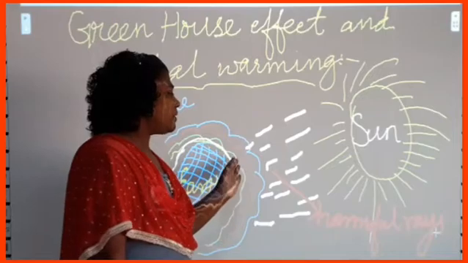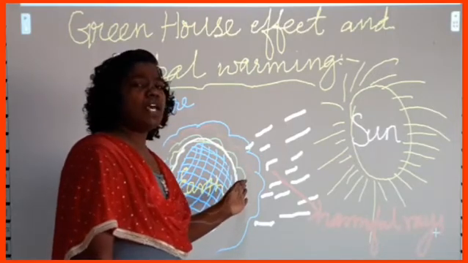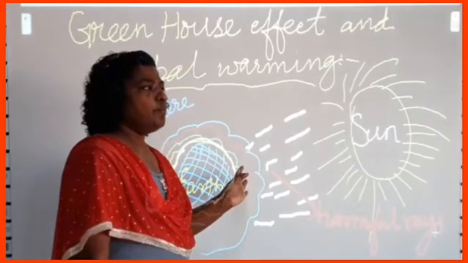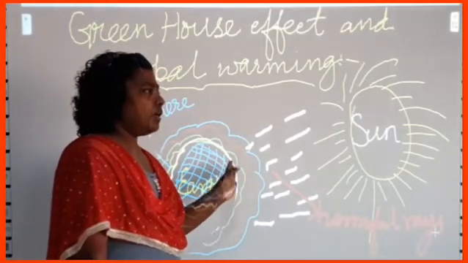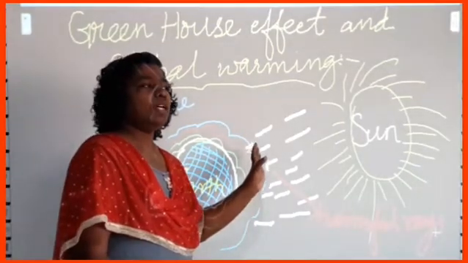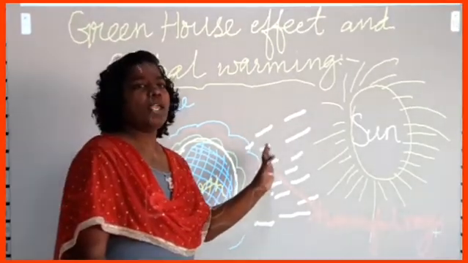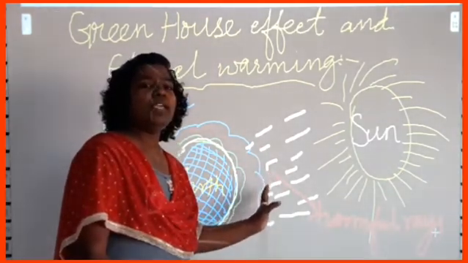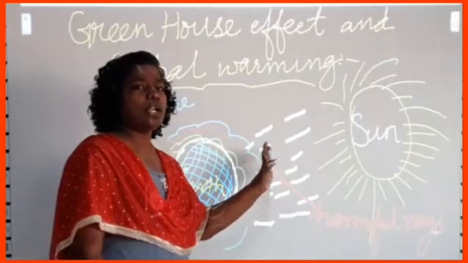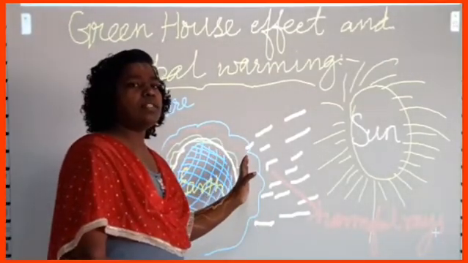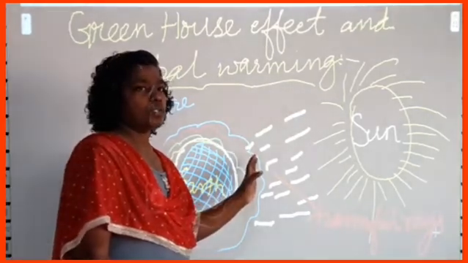In the atmosphere, we know that there are water vapors and other gases, and because of that, these gases prevent the earth from the ultraviolet rays. There will be a glass wall surrounding the earth in the atmosphere, and that is called the greenhouse.